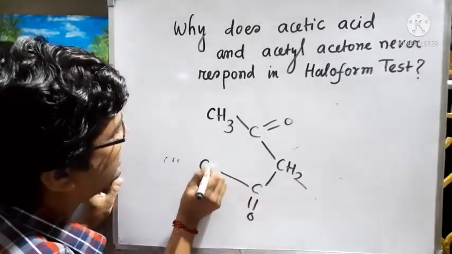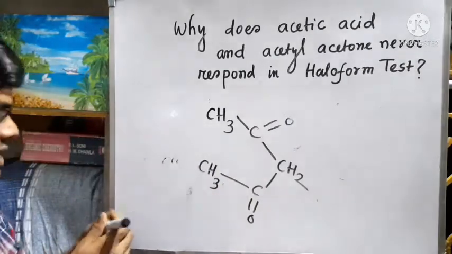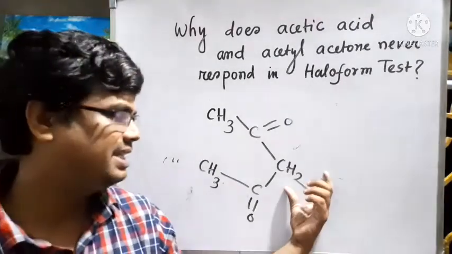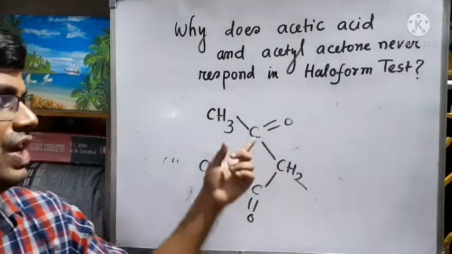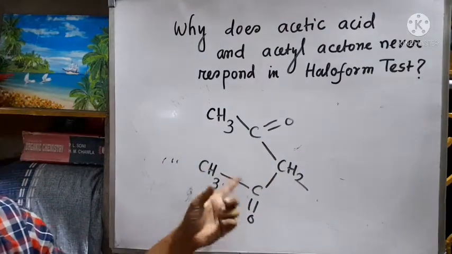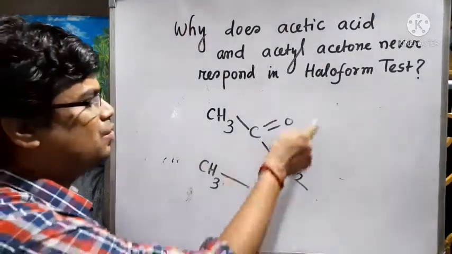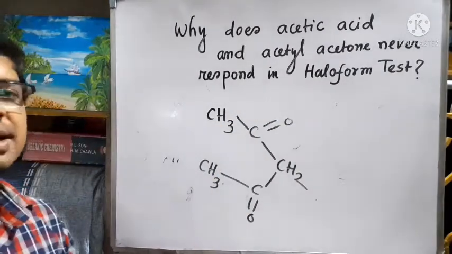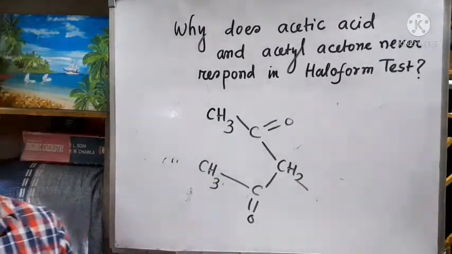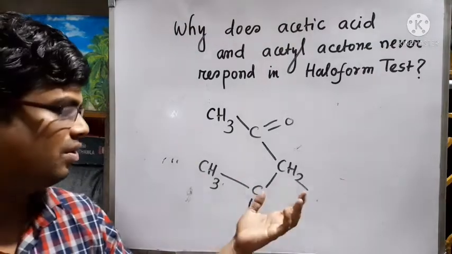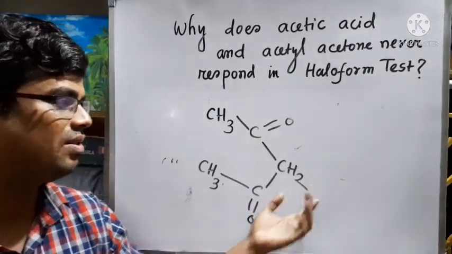Now look over here, dear friends. This CH2 group, that is this methylene group, is connected with two keto groups. So evidently it has two ketomethyl groups. Still, it also fails to show the haloform reaction.